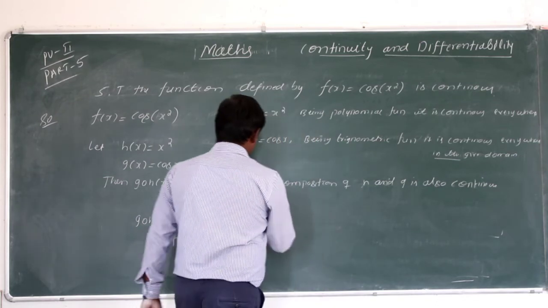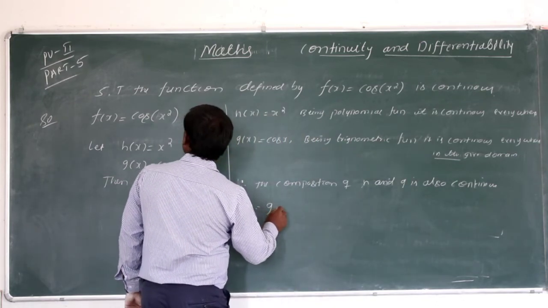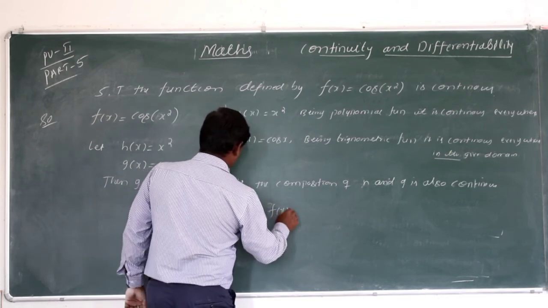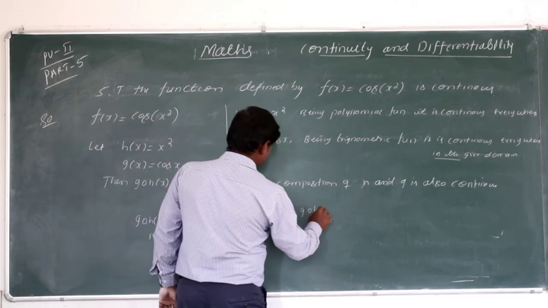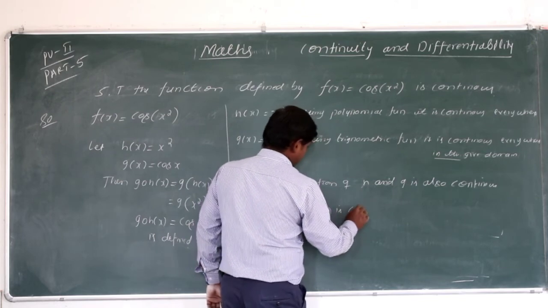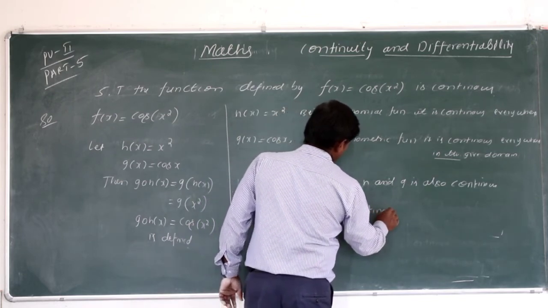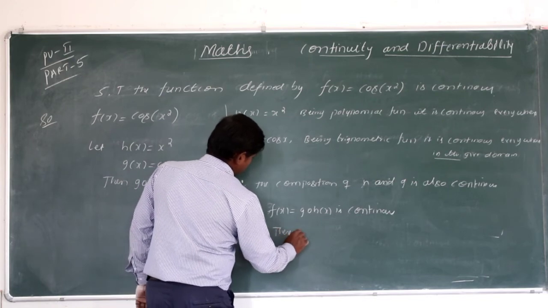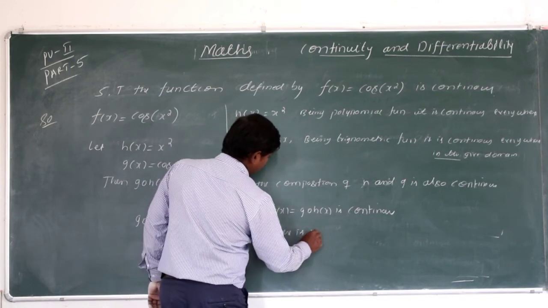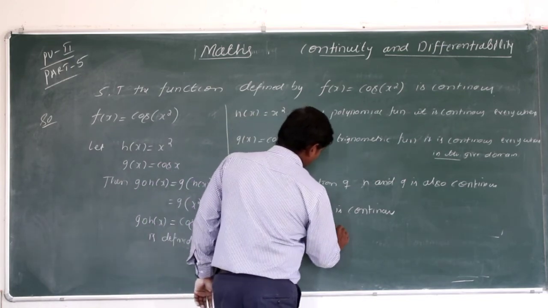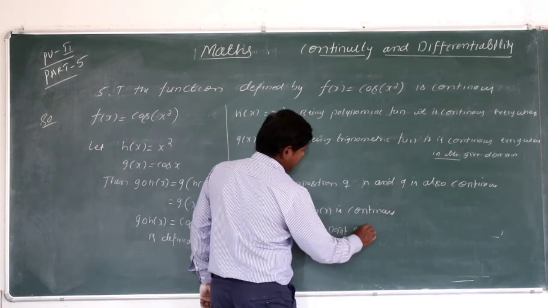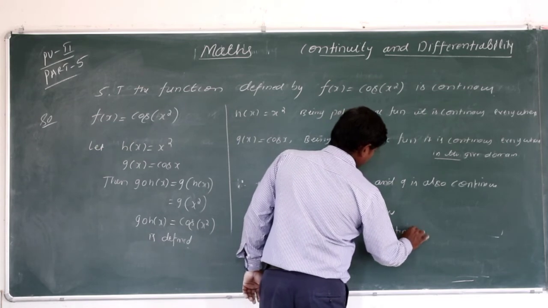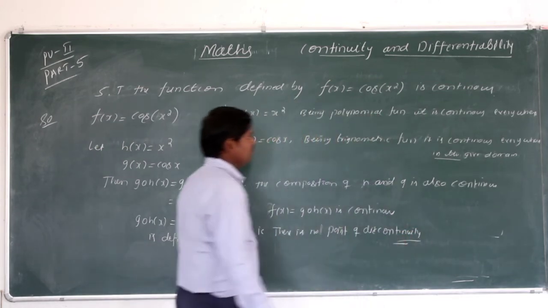Therefore f of x is equal to g of h of x is continuous. That means there is no point of discontinuity. So this is continuous everywhere.